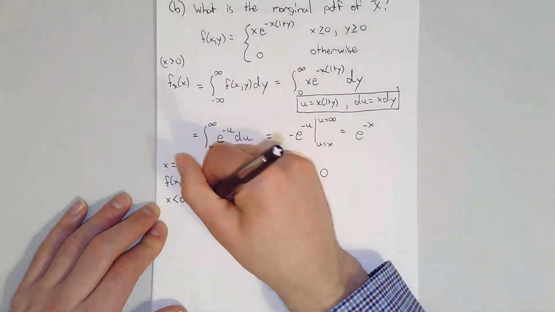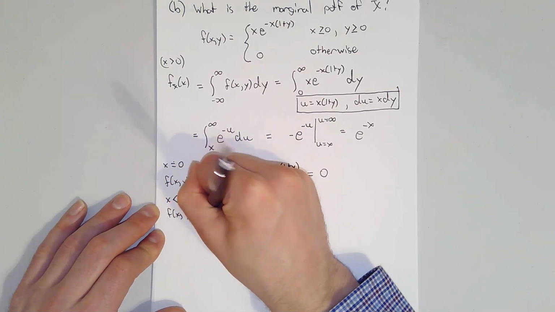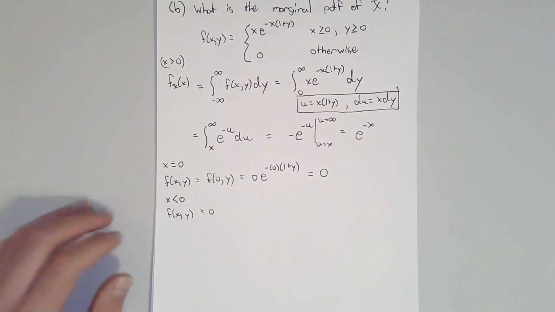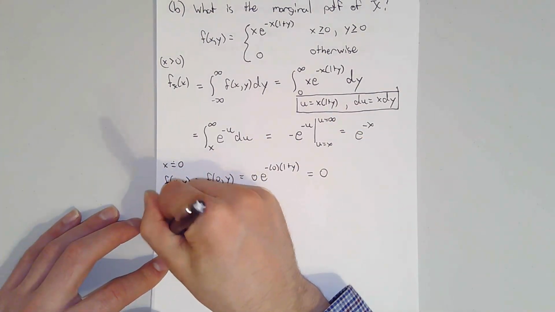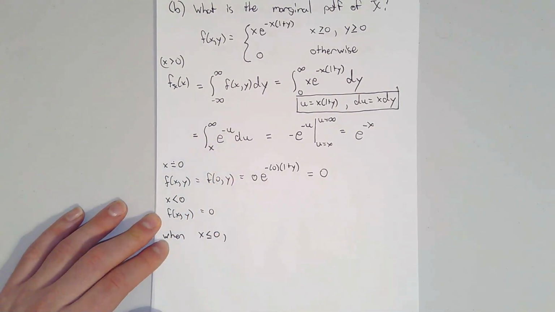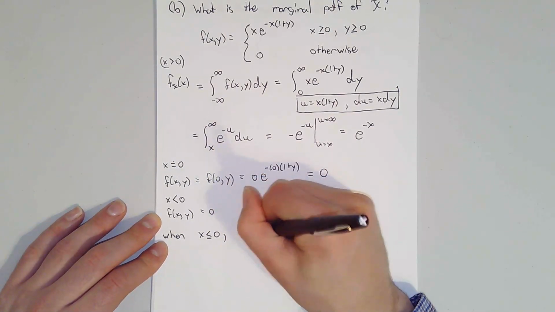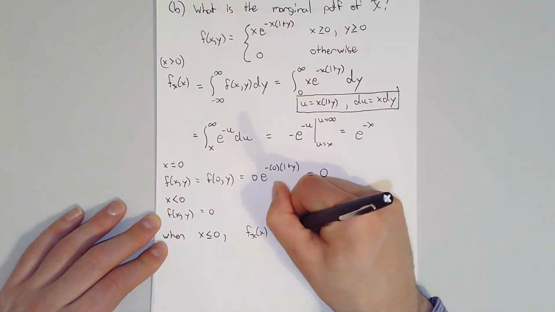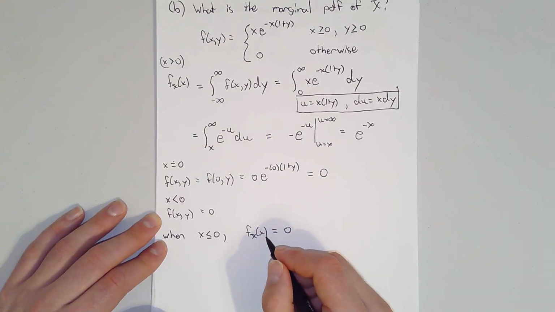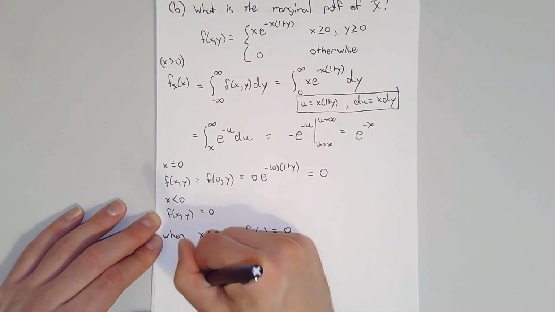And when x is less than 0, f of x, y is equal to 0 by our definition. Therefore, when x is less than or equal to 0, our marginal PDF for capital X is equal to 0, giving us the final answer.